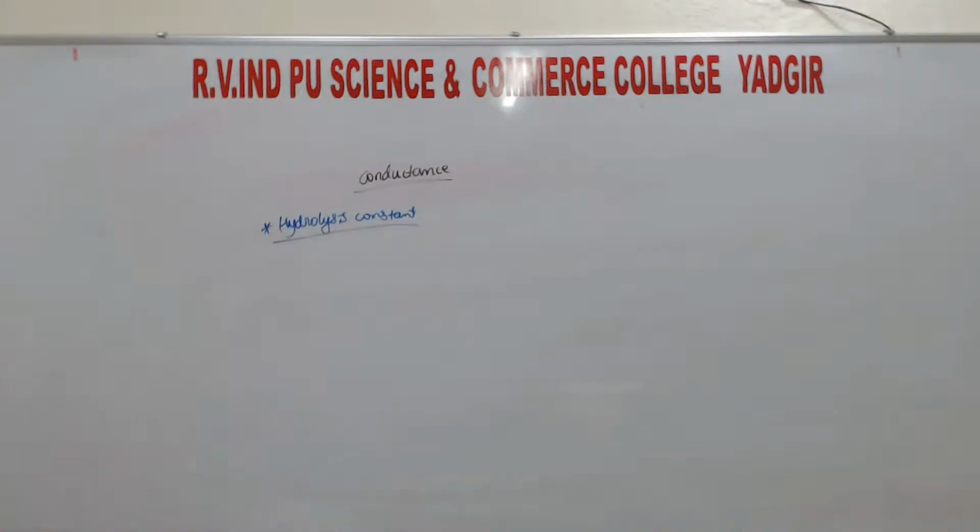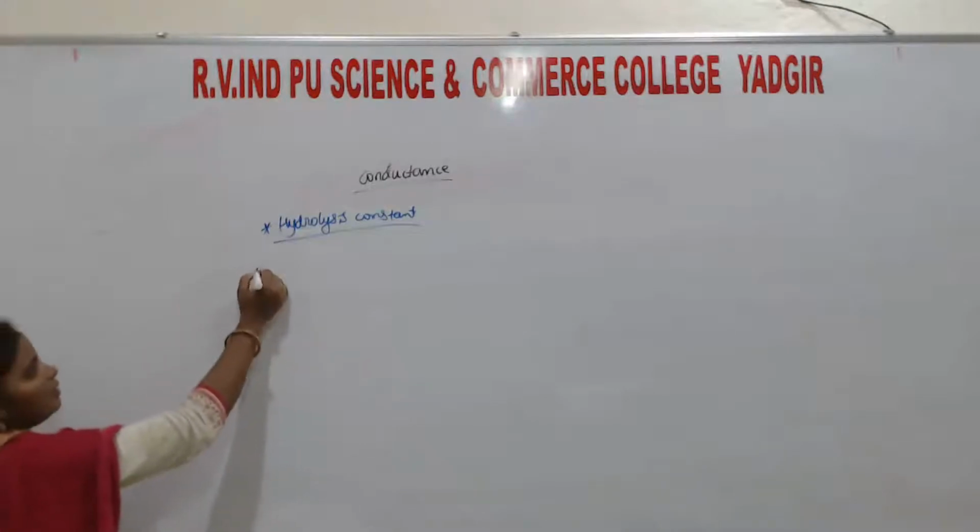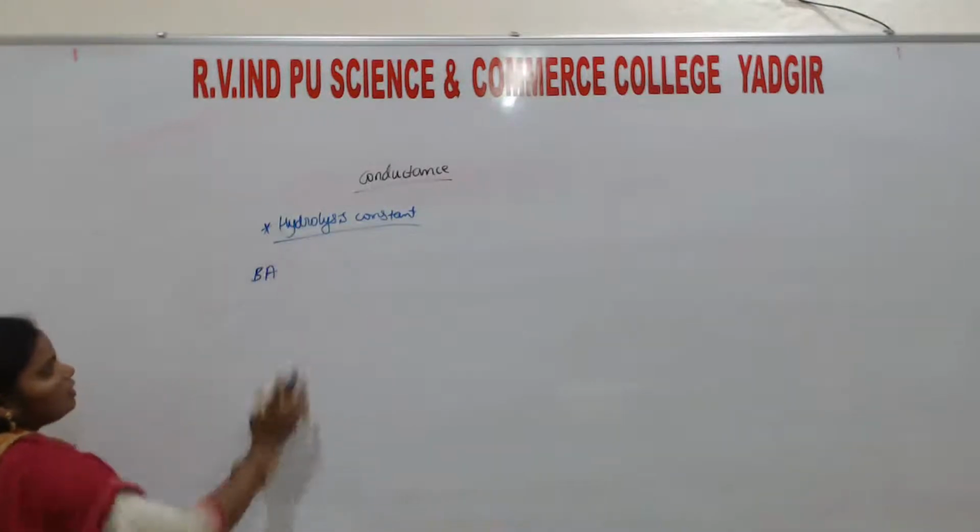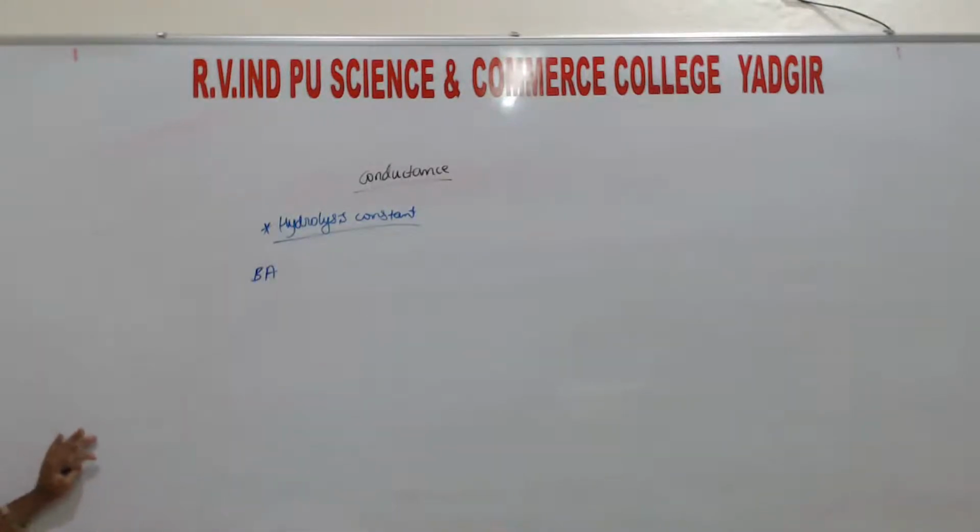Okay, here the hydrolysis constant of a salt. Take sodium acetate as an example. BA is the example for this salt hydrolysis. There is a hydrolysis constant.